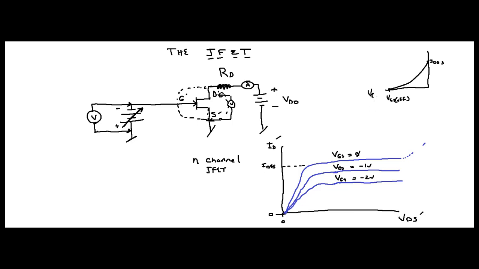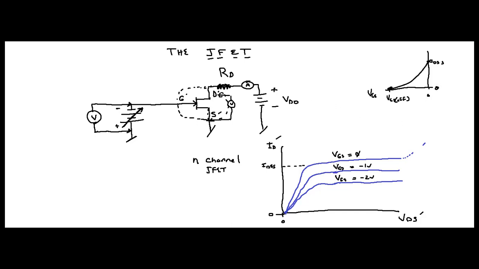This is VGS, this is 0, and this is 0, right? At VGS off, remember this is VDS, this is VGS. They're different, right? This right here is specific for your transistor. Now, at VGS off, how much current do you have going through there? You have 0, don't you?